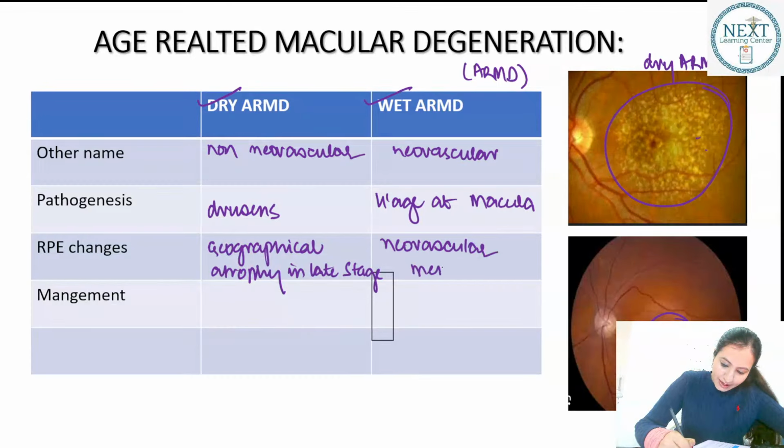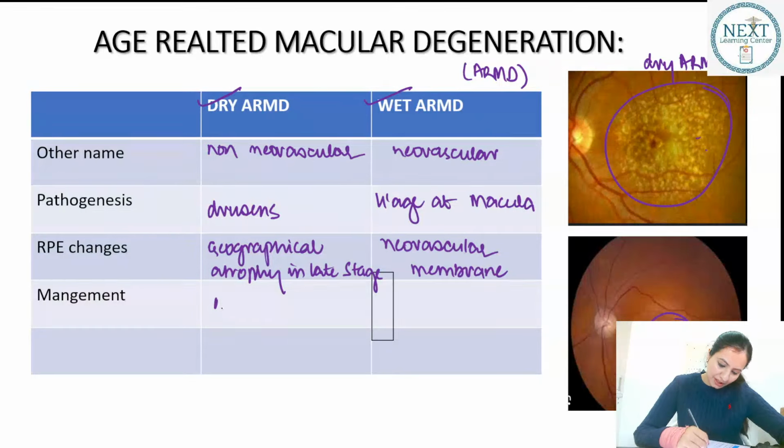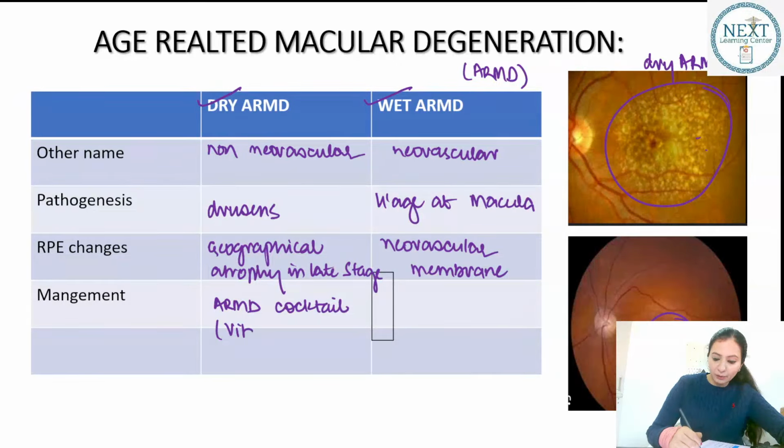Okay. Then dry ARMD, since there are only drusens, so management is going to be ARMD cocktail. What is it? It is nothing but multivitamins for the eye, vitamin A, vitamin E, vitamin C, zinc, lutein and zeaxanthin. Basically your multivitamins for the eye.